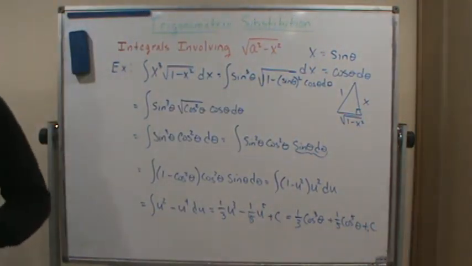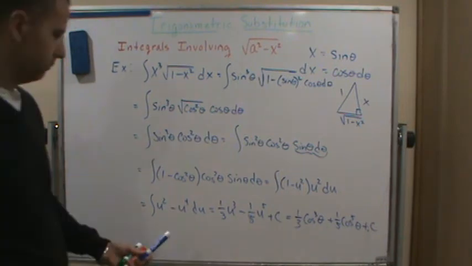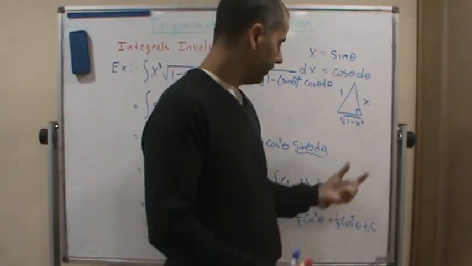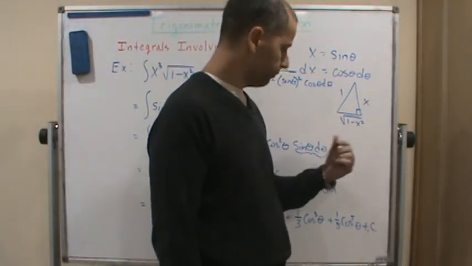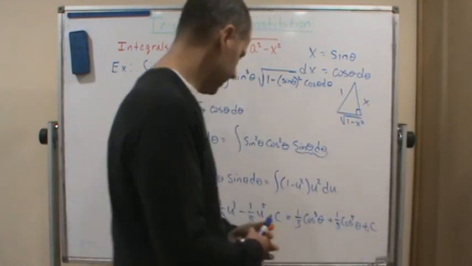And now, back to my reference triangle. So what's cosine theta? Cosine theta is adjacent over hypotenuse. So it's just this.